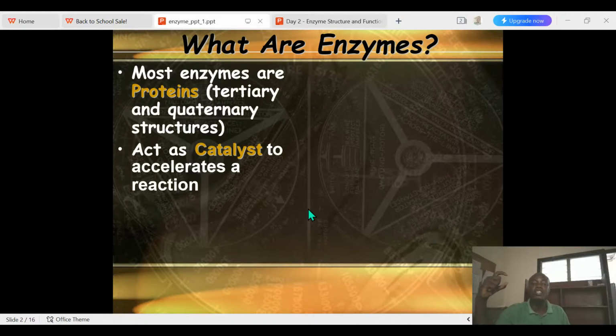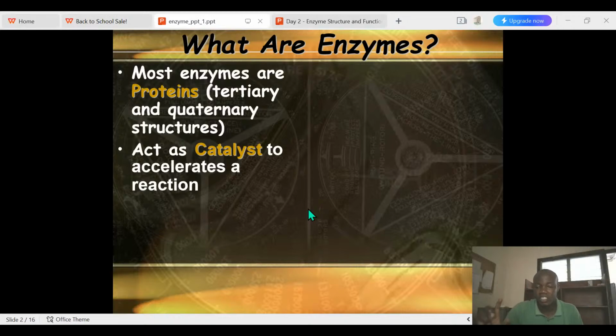Enzymes usually exist at the level of tertiary and quaternary structures. It means that some enzymes exist at tertiary structure, while some exist at quaternary structure.